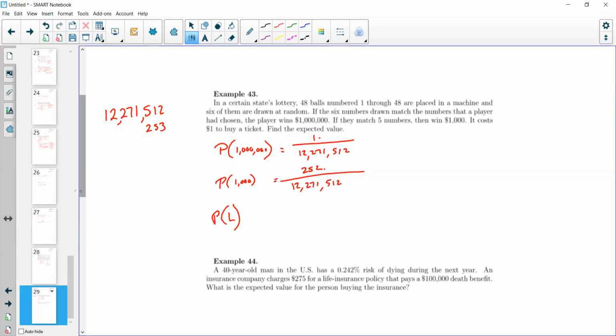Everybody see that? So how many losing tickets do I have? Well, we simply subtract. Did I subtract that right?